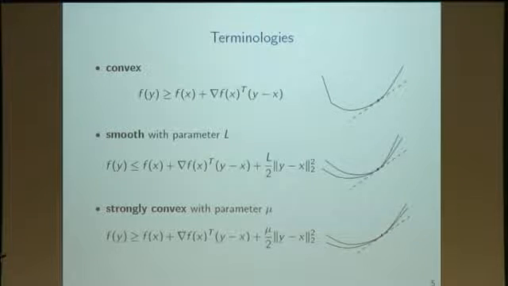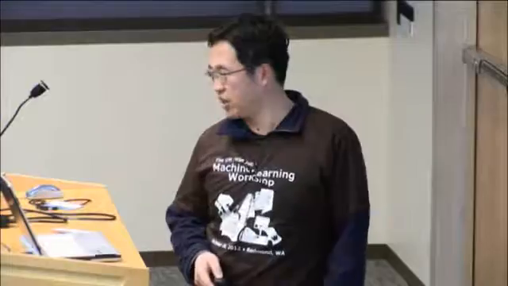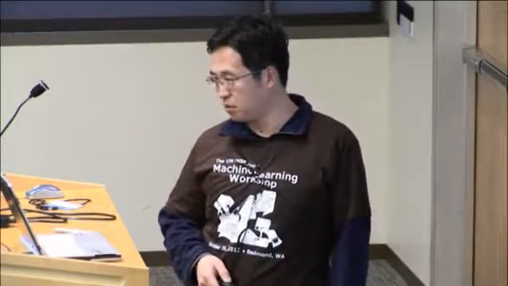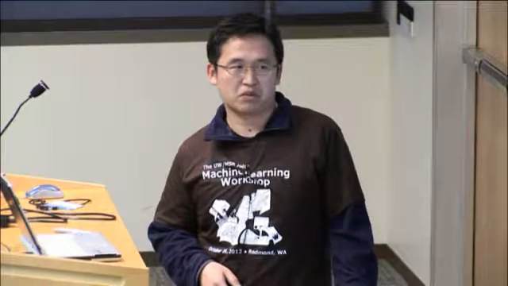Because you cannot have non-differentiable kinks like this. You can imagine that if you move this point, because this inequality has to hold for every point, then no quadratic upper bound will be an upper bound. Another one is strongly convex. For strongly convex, you have a quadratic lower bound with parameter mu. So this is the basic terminology I will use.